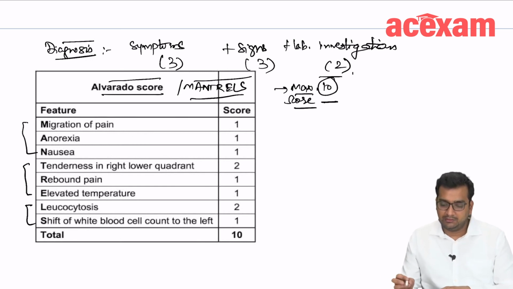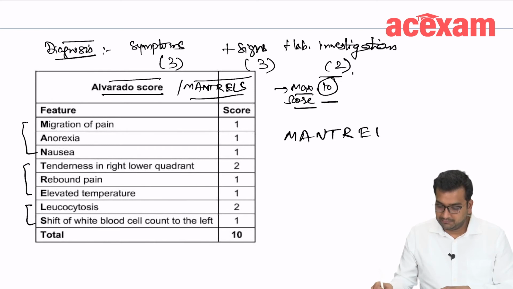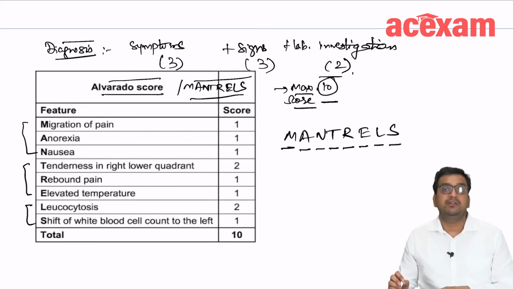The features included in this Alvarado score are migration of pain, the migratory pain, anorexia, nausea, tenderness in the right lower quadrant, rebound tenderness, elevated temperature, leukocytosis and shift to left.